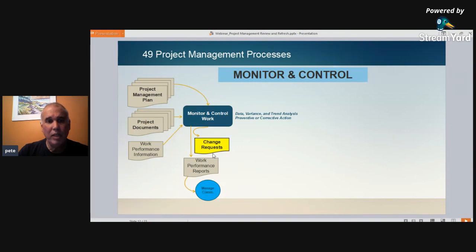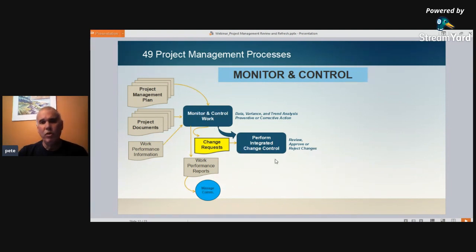We may communicate that as a change request. So now we see that the project is potentially going to have some change that'll impact your project management plan. So we perform integrated change control. That's where the change requests are documented.